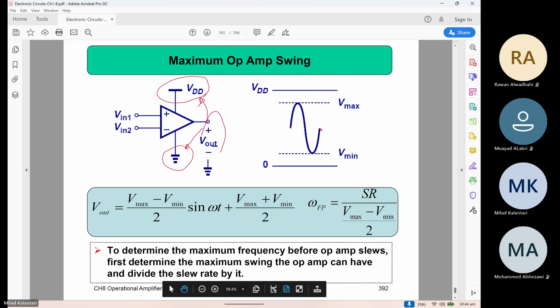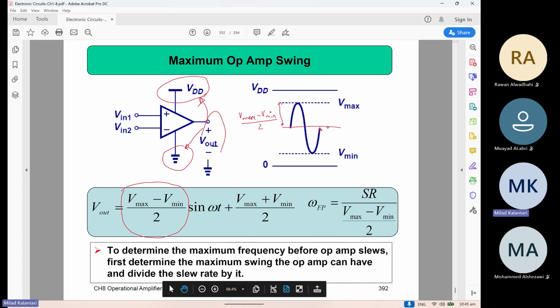So from this, it is trying to see what kind of sinusoidal input we can have for this circuit. The maximum swing of the sinusoidal thing that we can have would be like this, right? The peak to peak value divided by 2 gives the amplitude. The amplitude of this sinusoidal is Vmax minus Vmin divided by 2.